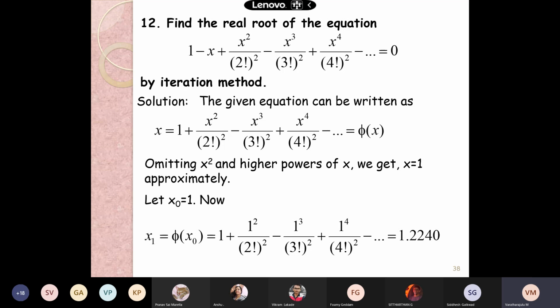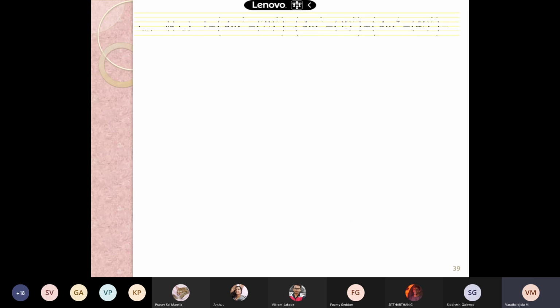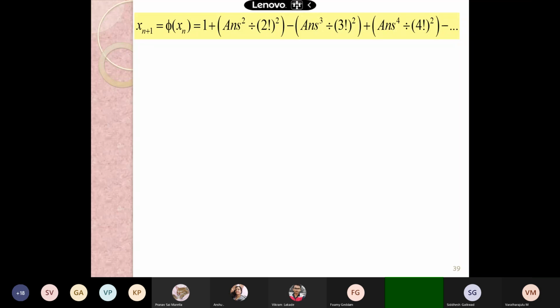Again, go back to your equation. Now give equal to, what is your result? 1.2240. Very good. 1.2240 is your result.